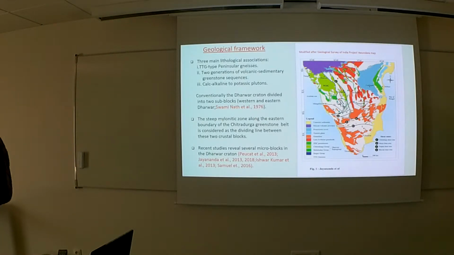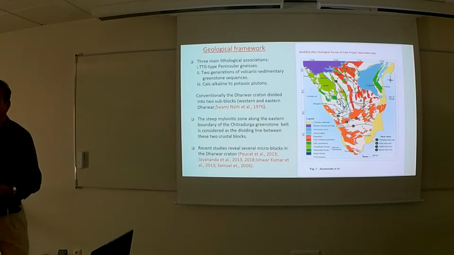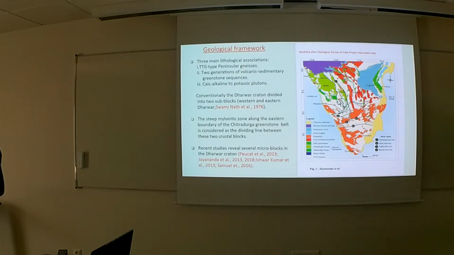And more recently, in the last 10 years, a lot of new structural fabric mapping, geophysical profiles, metamorphic records, and geochronology, U-Pb zircon dating, all these together reveal several microblocks in the Dharwar craton.